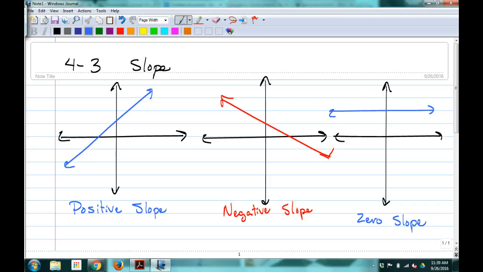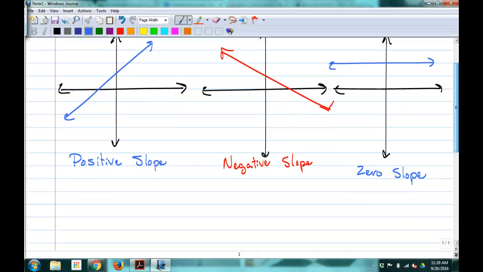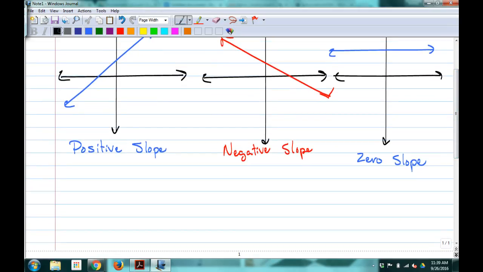Down and to the right, negative. Flat, horizontal. That's a zero slope. Okay, zero slope there. And then one other case. If you have a line that's going straight up and down, vertical, that's called an undefined slope.